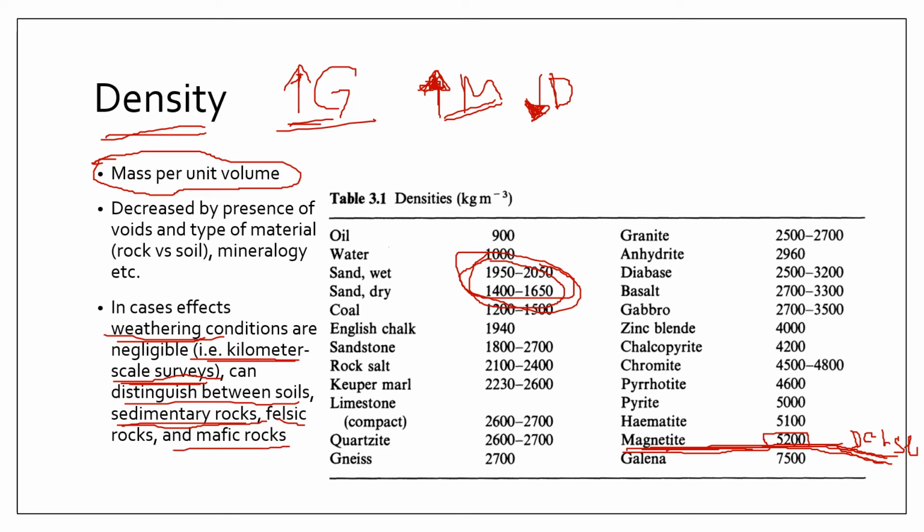Sedimentary rocks, for example, might contain mostly lithic fragments and are typically low density rocks, while mafic rocks will contain heavy minerals like magnetite, peridotite, and so on, which are much more dense.